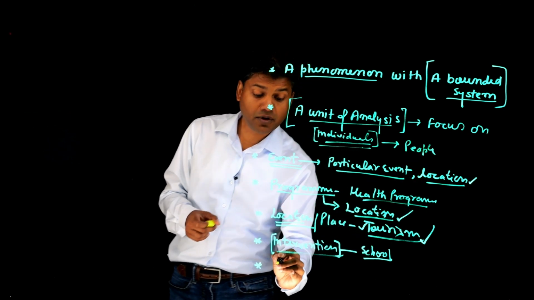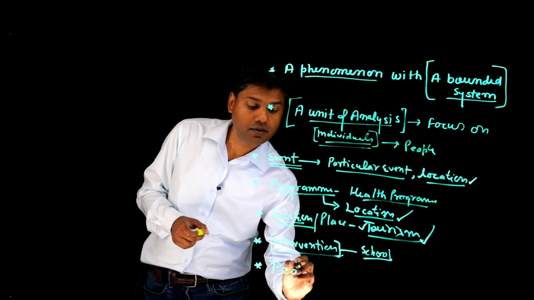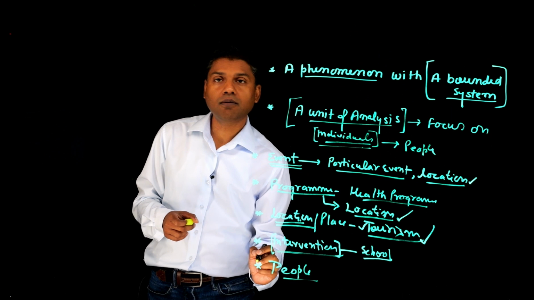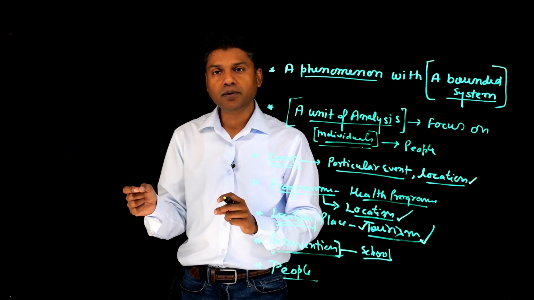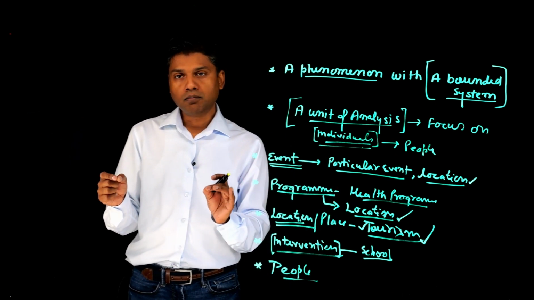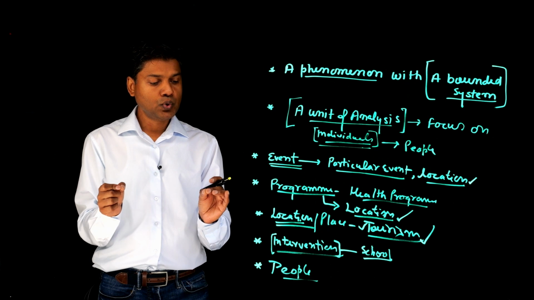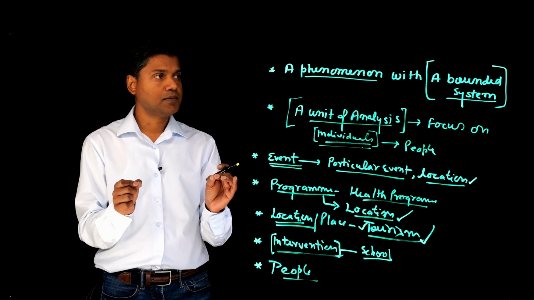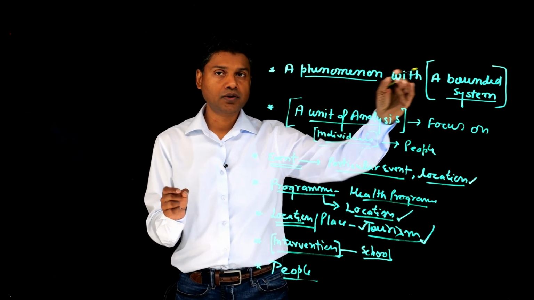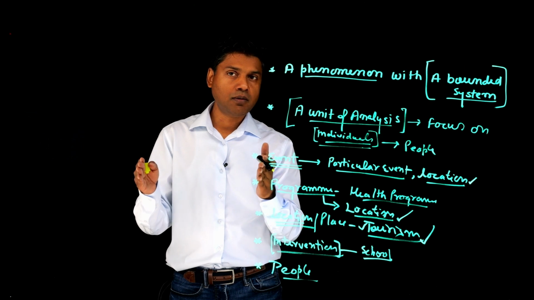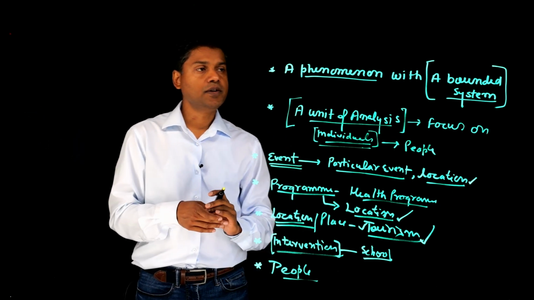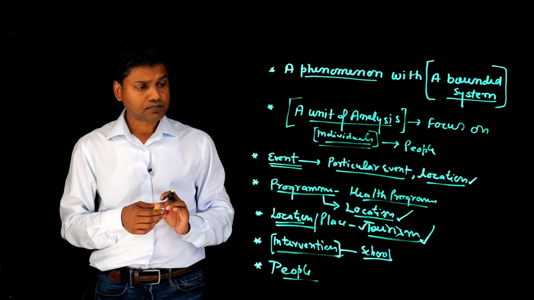So you can bound the case with people involved. People means one individual or multiple individuals who become a case here with that bounding. So people can become a bounding criteria when it comes to a case.